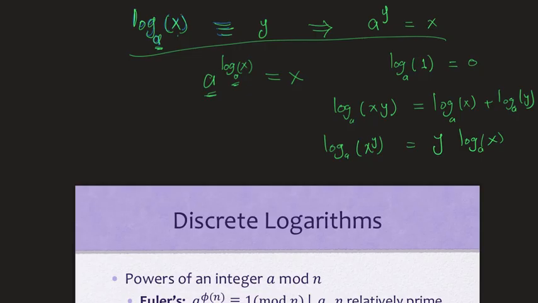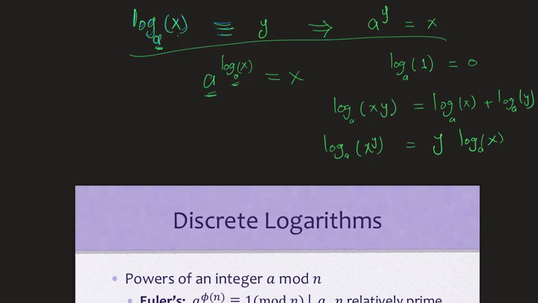Now we are looking for a function in the discrete domain. The discrete domain means that all the numbers that you use and all the results that you get are going to be integers. Generally, the log most of the time gives you a non-integer number. Now we are looking for cases in modular arithmetic where we can raise something to the power of a particular integer value to get a third integer, within the same modulus.